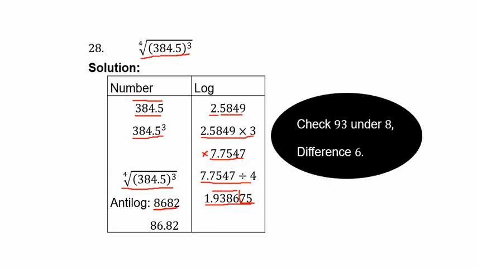8682. To insert the point, you add 1 to the characteristic or integer part, it becomes 2. So if it is 2, you move 2 steps forward from the left. So the point will be between 6 and the second 8.